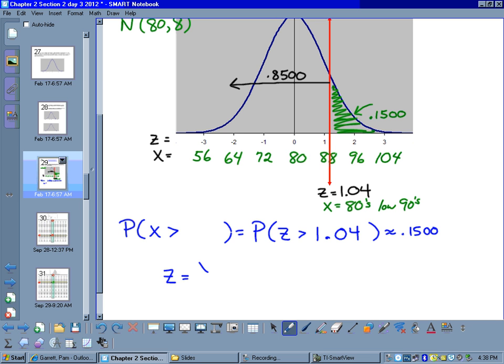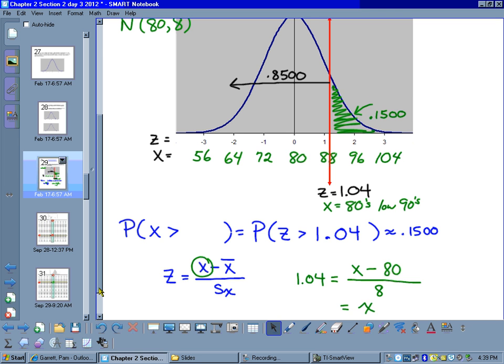So we have this equation. Z-score equals the score minus the mean divided by the standard deviation. I know 3 of these numbers. I am looking for the raw score. So I can plug these numbers in. 1.04 equals x minus the mean, which was 80, divided by the standard deviation, which is 8.